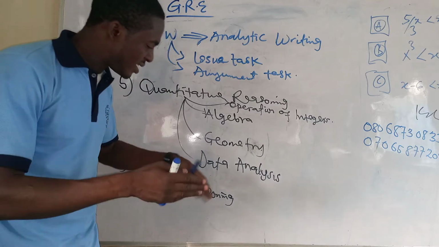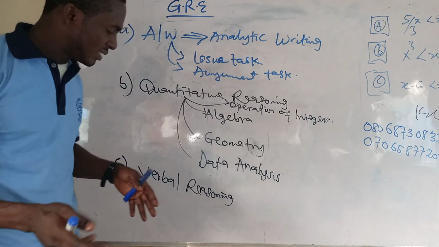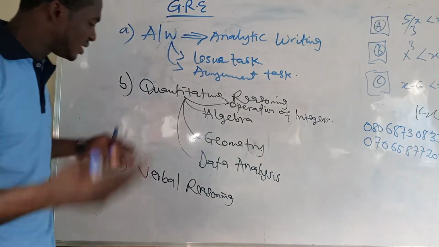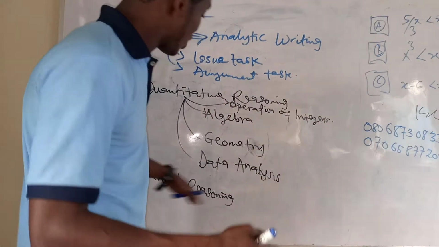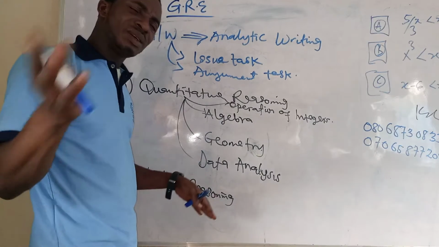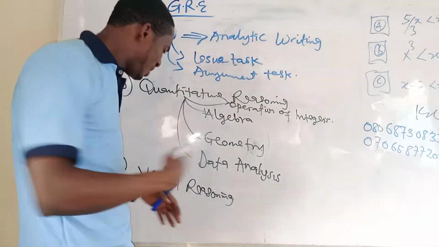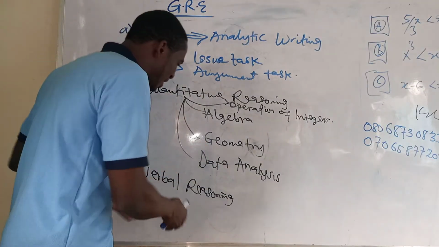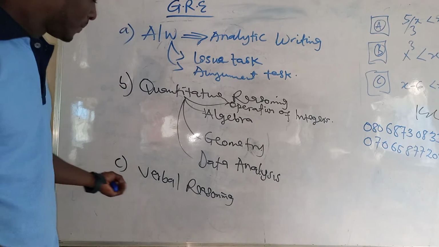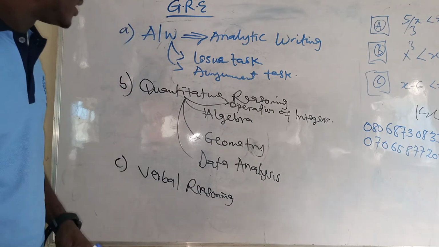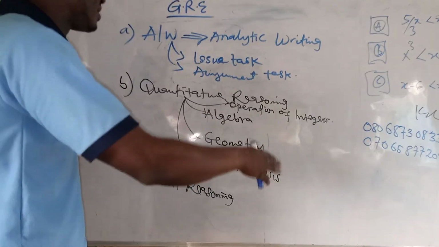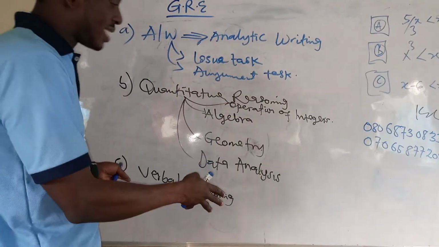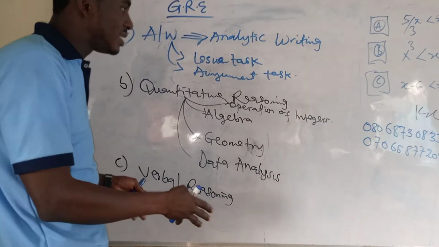It's when you know much about the register: completing the sentence with the word that best suits it, words, synonyms, antonyms, and the rest. Those are the things that dominate verbal reasoning. That is it about the classes that the GRE is divided into.